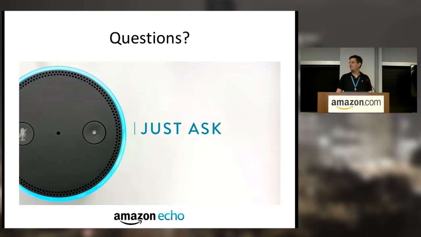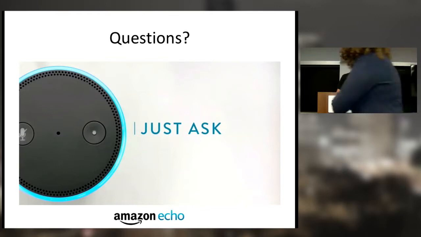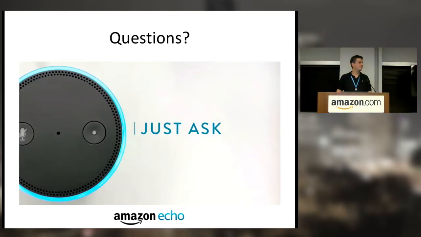I'll try to bring the microphone because we are capturing. Yes, you mentioned for the skills kit, there are 25,000 skills currently. If I want to add a skill to Alexa, how would it get selected over one of the other 25,000?